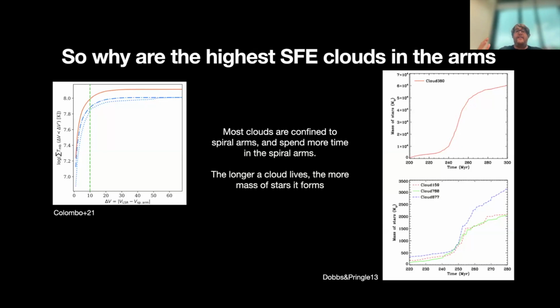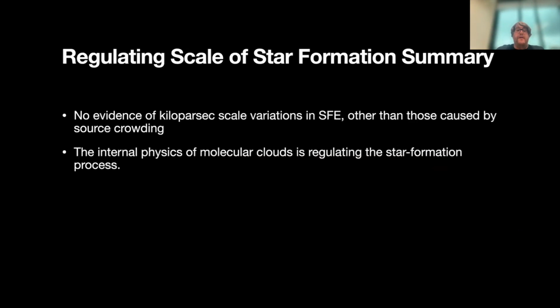So eventually you're going to get these higher star formation efficiencies falling in the arms because the instantaneous star formation efficiency may be the same as smaller clouds, but the larger clouds are in spiral arms. They spend most of the time in spiral arms. They can sample more of the IMF, and they can live longer to produce more stars because their lifetime efficiency does get higher because they have just got more opportunity to form stars.